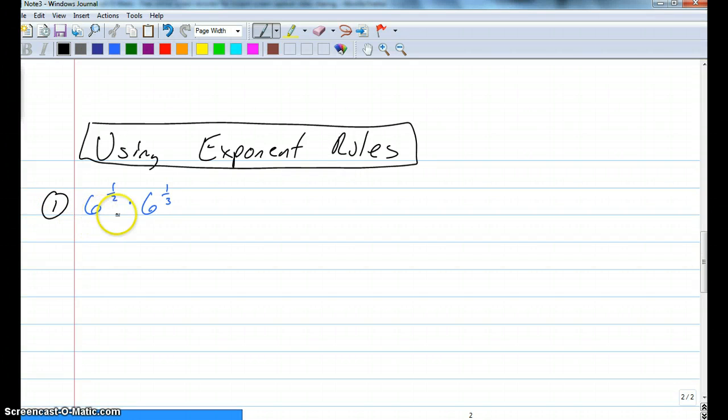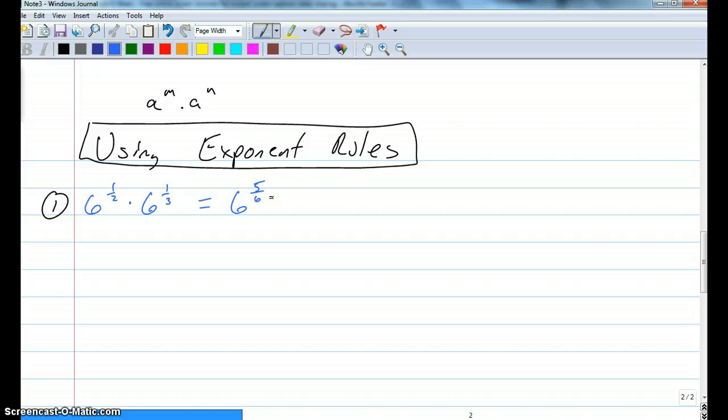Now, which rule does this look like? This looks like a to the m times a to the n. So we're going to add those exponents here. So what's 1/2 plus 1/3? That's going to be 6 to the, if you use your calculator, you'll find 6 to the 5/6 power. Now here's one of the things though.